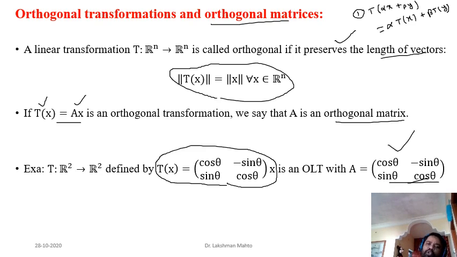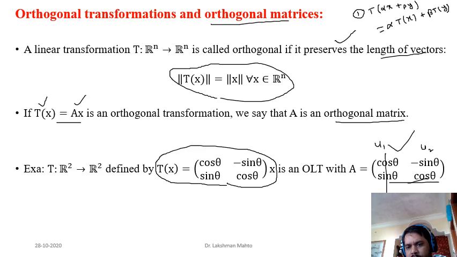Now if you zoom in on an orthogonal matrix, what property do you observe? Column-wise, meaning try to see the columns of the orthogonal matrix. For this matrix, if you take the first column, call it u1, and the second column u2, what is the norm of u1?